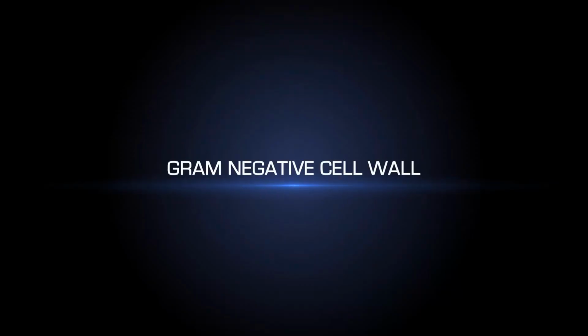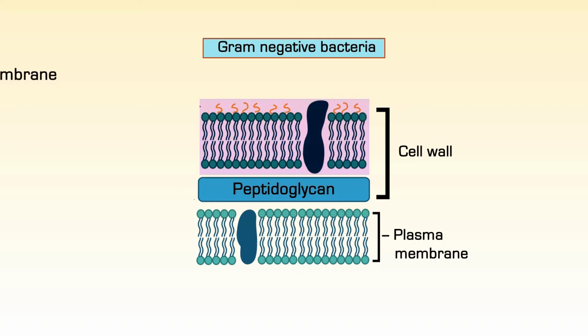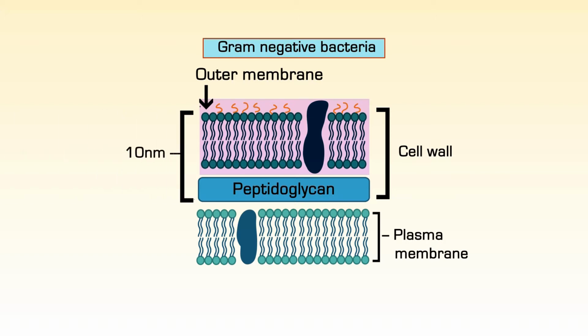Next we'll come to the gram-negative cell wall. In gram-negative bacteria, the cell wall is composed of a single layer of peptidoglycan, and this is surrounded by a membranous structure, which we term the outer membrane. In this gram-negative bacterial cell, the wall is thinner, that is 10 nanometers thick, and less compact when you compare that with the gram-positive bacteria.